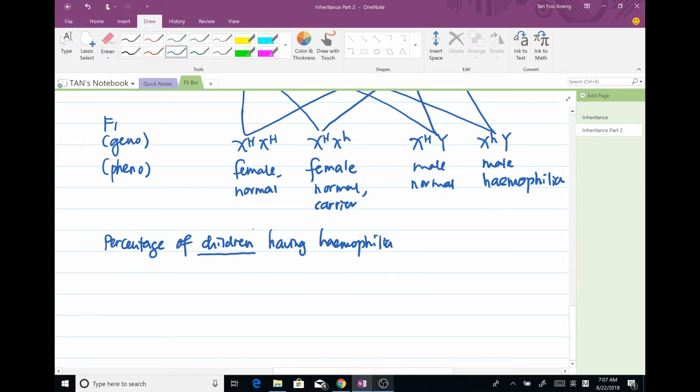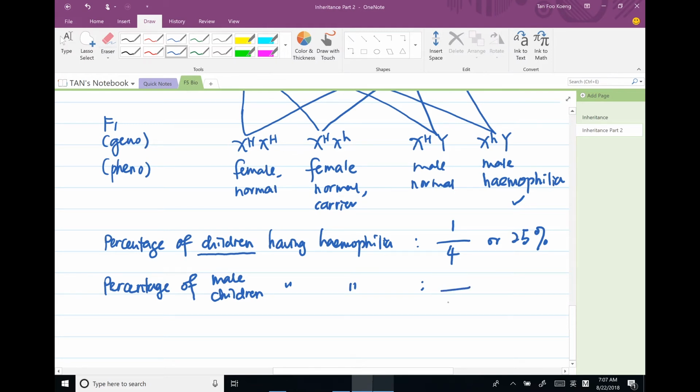Out of 4, only 1 will get hemophilia, so it is 25%. If you were requested to find the percentage of male children having hemophilia, then how many male children you have here is 2, right? Out of 2, 1 has hemophilia, so it's 50%.